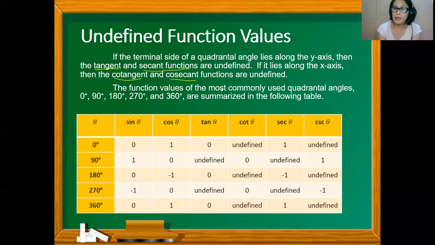Now, the function values of the most commonly used quadrantal angles, 0, 90, 180, 270, and 360, are summarized here. The usual trigonometric function values of quadrantal angles are 1, negative 1, 0, and undefined.